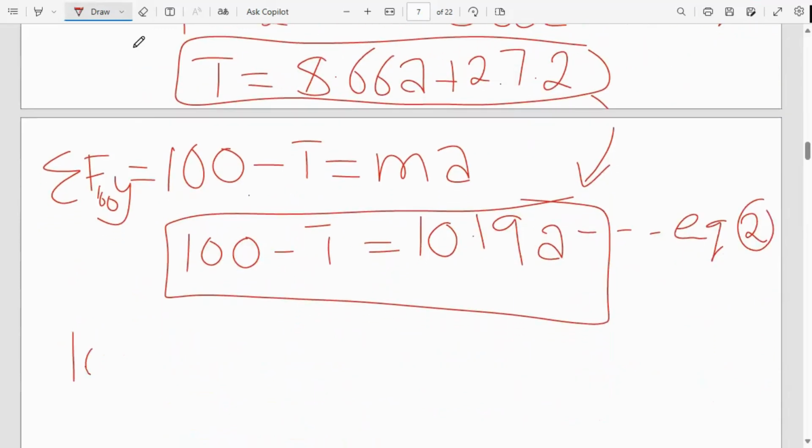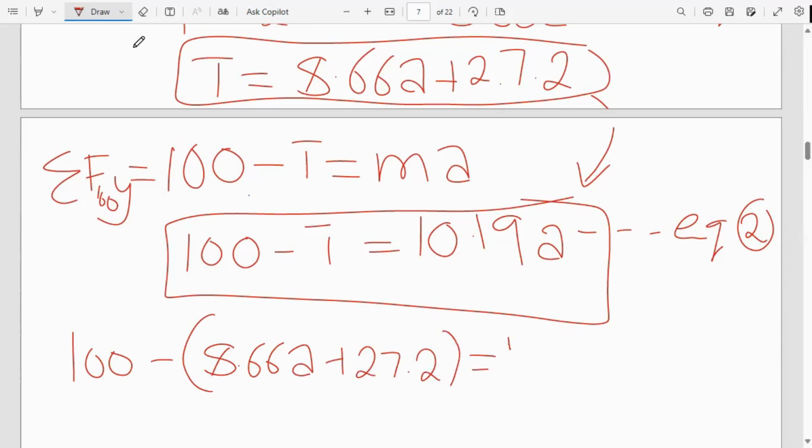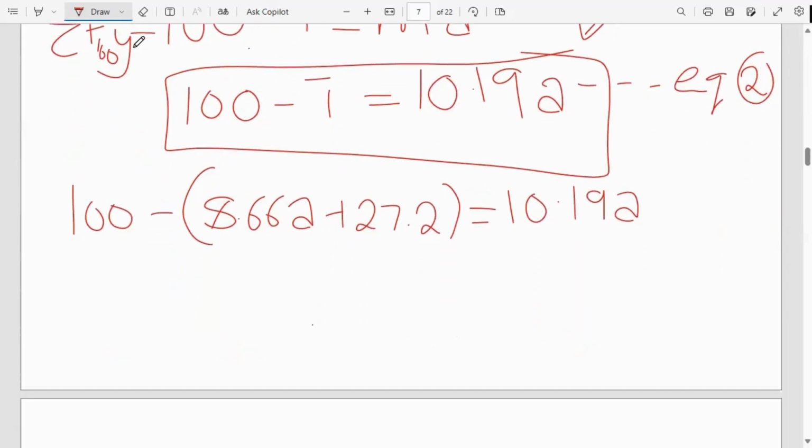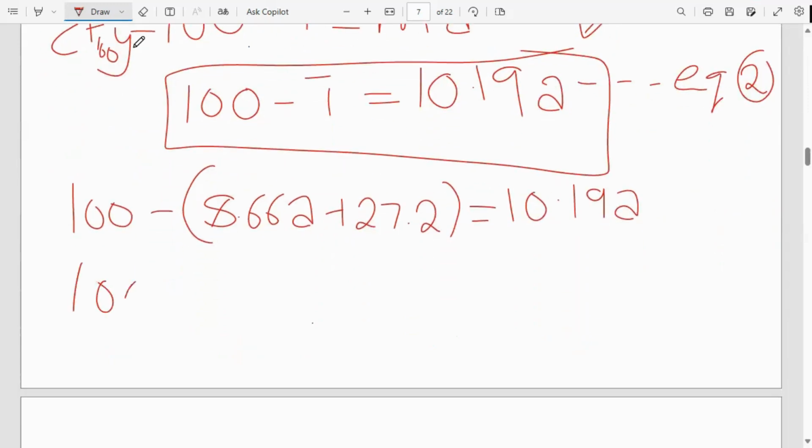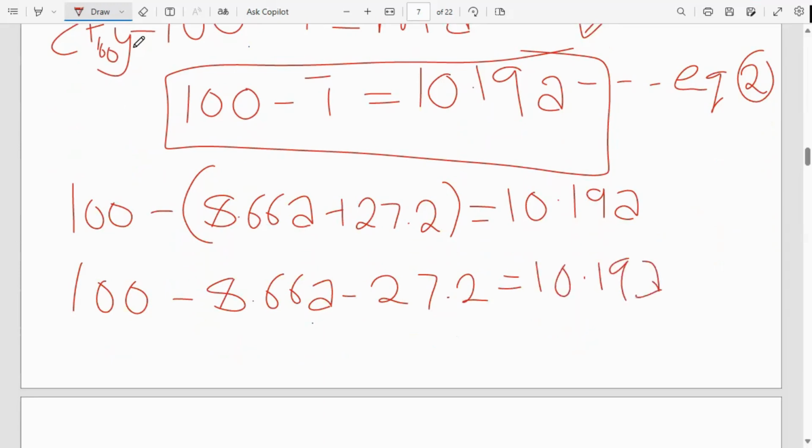So I'm going to have 100 minus, open bracket, 8.66A plus 27.2, which will be equal to 10.19A, like that. Okay, so 100 minus 8.66A minus 27.2 will be equal to 10.19A.